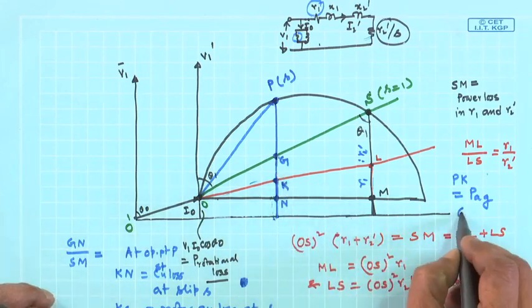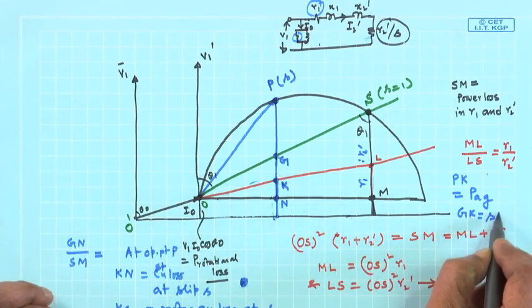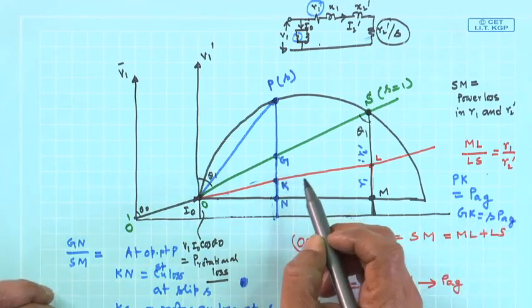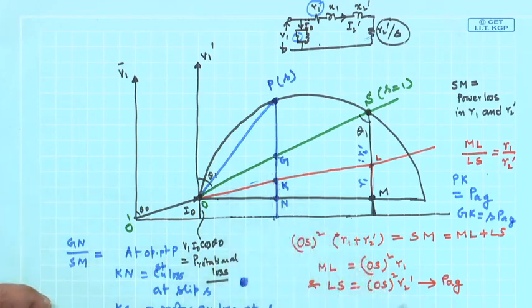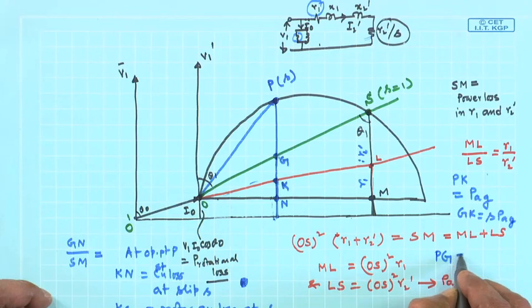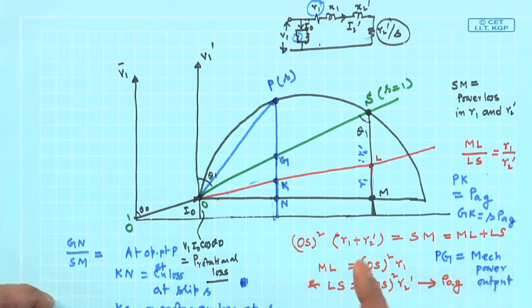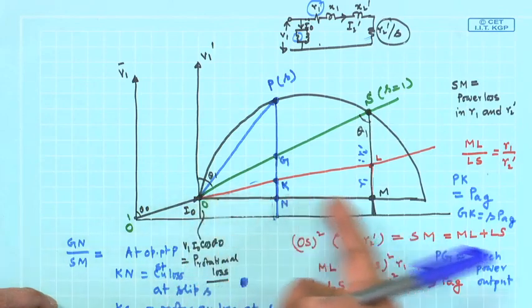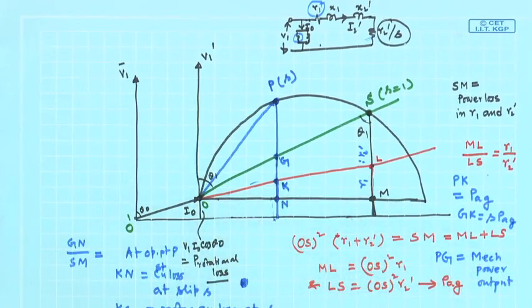So, Gk must be S into PAG, rotor copper loss, and therefore, Pg then will be the mechanical power output. And I will go to the extent to say that this is the net mechanical power output, because rotational loss I have already taken into account by this length. That is the whole idea.